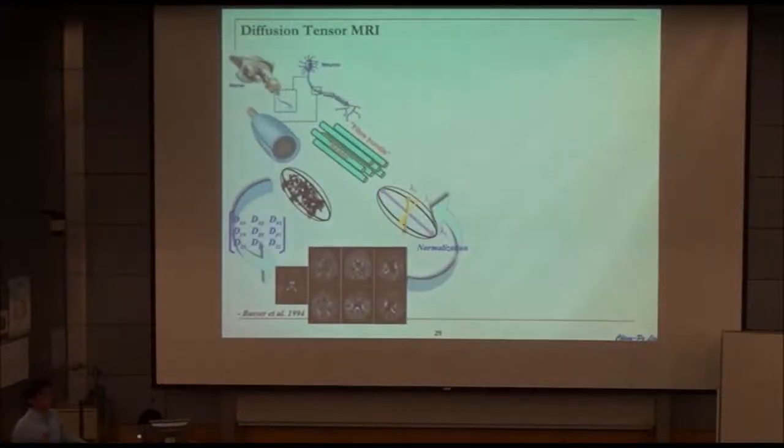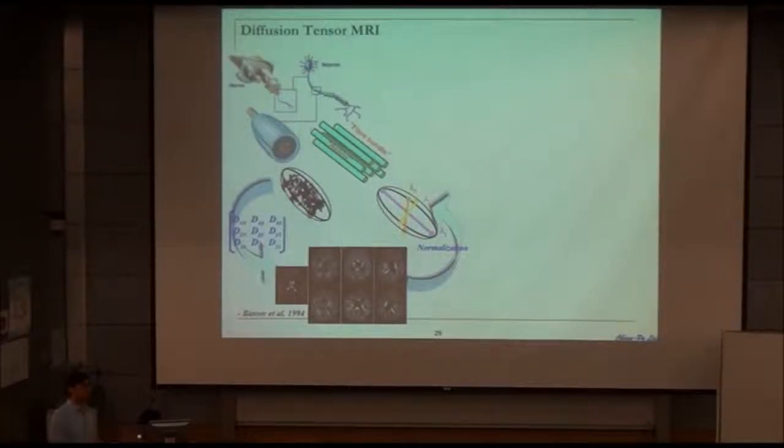And the most successful model was proposed by Peter Basser in 1994, and it has a very simple relationship. At that time, as I introduced, we must measure a lot of directions to know the underlying structures.